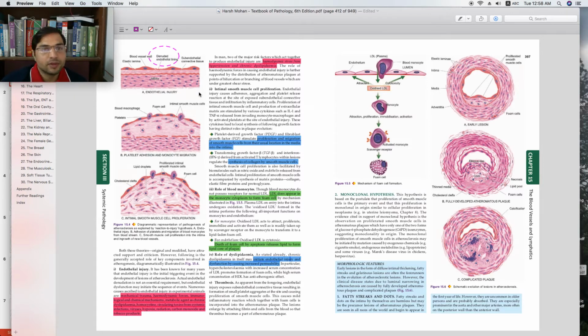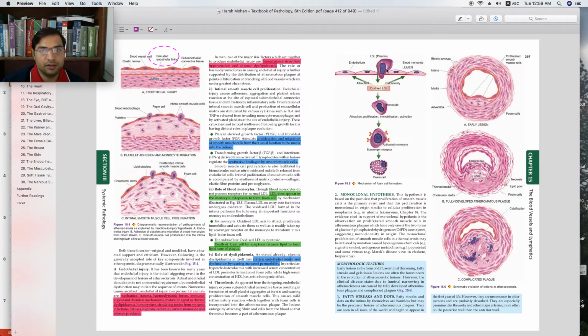Now what happens when the blood has high levels of lipids, that is dyslipidemia? The blood monocytes, which enter through this damaged endothelial lining in search of any pathogen, contain LDL, the low density lipids.